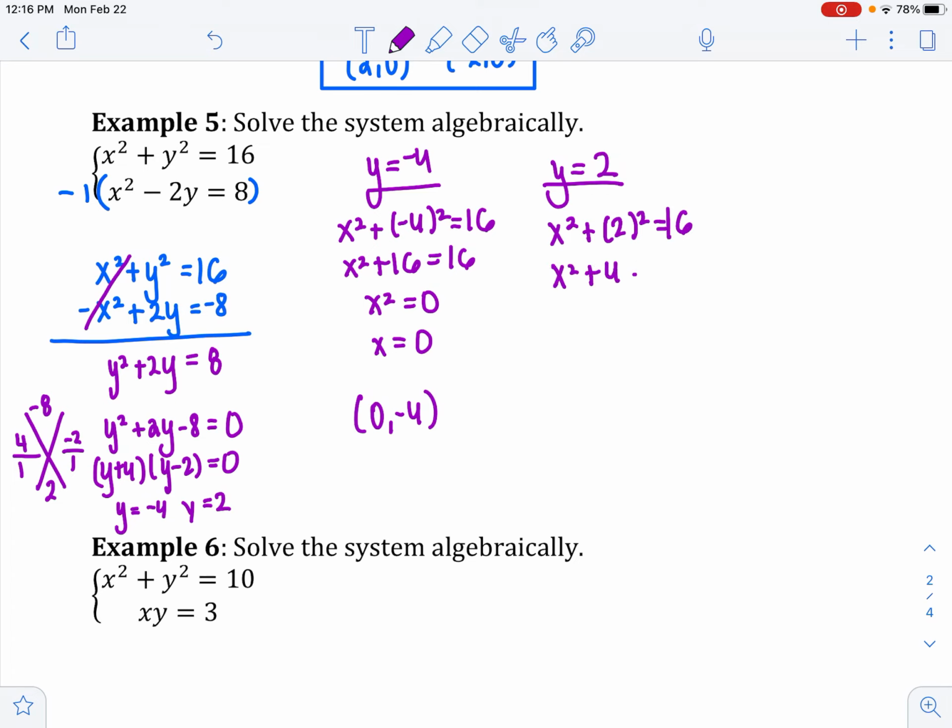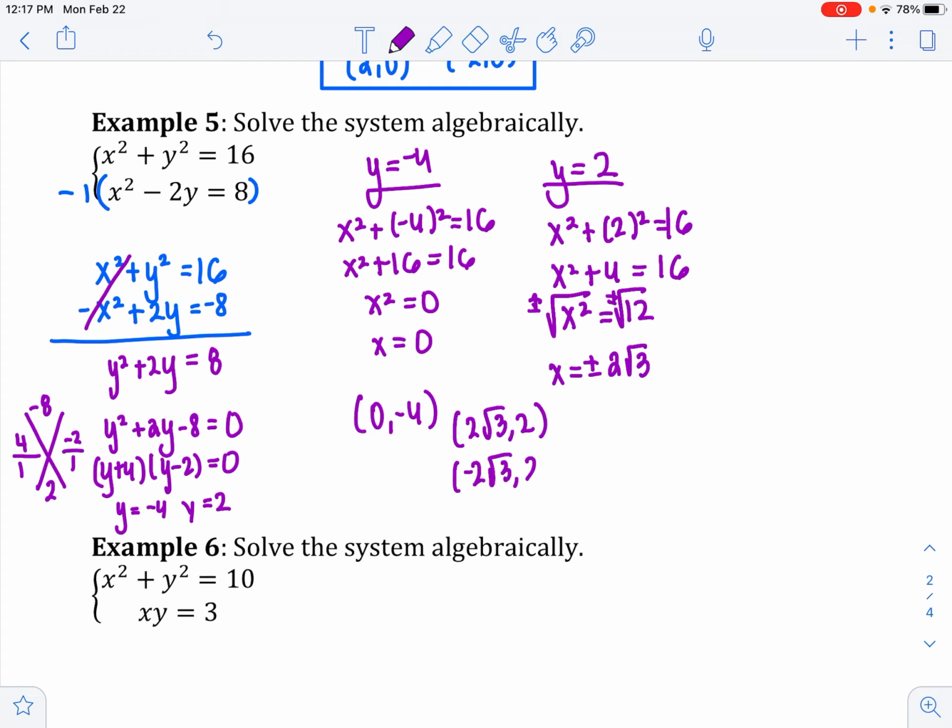All right, now I need to plug in 2. x squared plus 2 squared equals 16. x squared plus 4 equals 16. Subtract 4. x squared equals 12. Square root, plus or minus, x equals plus or minus root 12. Root 12 is simplifiable because 4 goes in there 3 times, so 2 root 3.